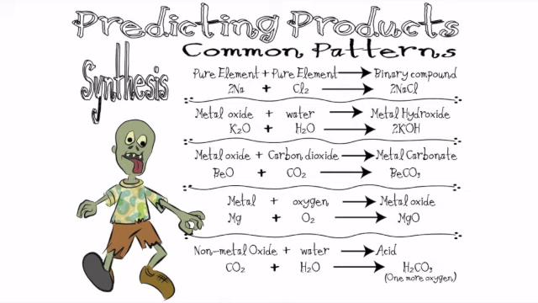A metal oxide plus carbon dioxide will yield a metal carbonate, so CO3. A metal plus just oxygen, which is also a combustion reaction, will yield a metal oxide. A nonmetal oxide plus water yields an acid with one more oxygen than what was in the nonmetal oxide.